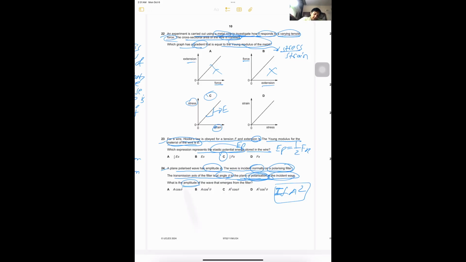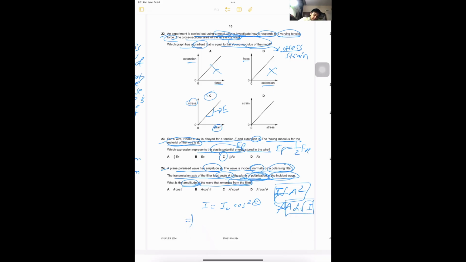Okay, what is the amplitude of the wave that emerges from the filter? So I equal to I0 cos square theta. Here A is directly proportional to root I, just from this equation, right?